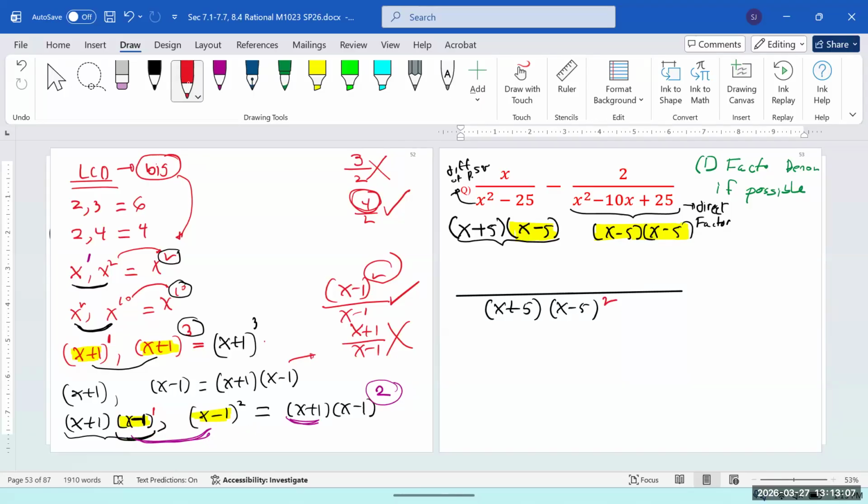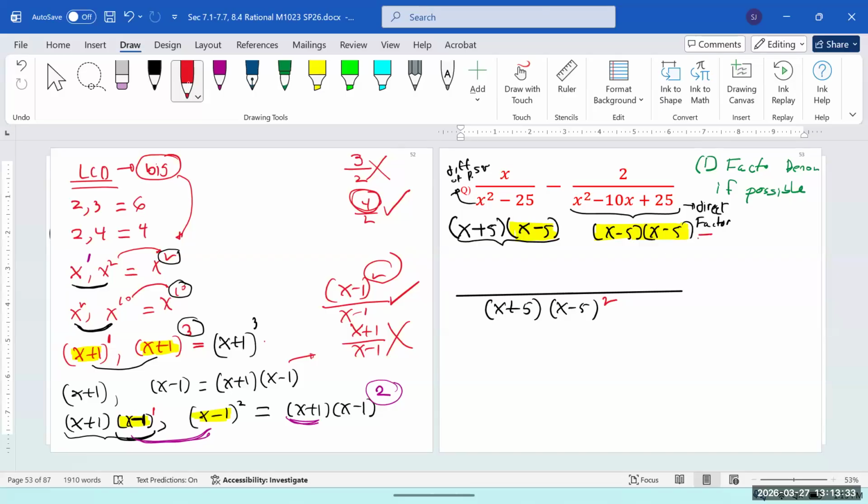If you see 1 in one group and 2 in the other group, you have to take the 2 one, the bigger one. Remember I said LCD is selfish. It takes big, it takes everything. So from the first one, it takes everything, but the first one and second one have something in common, x minus 5. We have 2 of them here, 1 of them here. We need to take 2 of them.